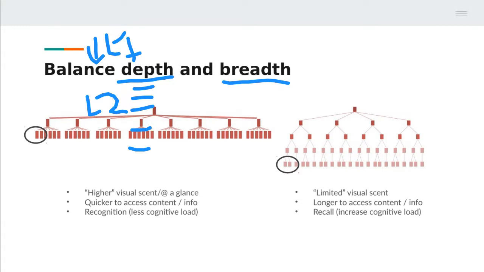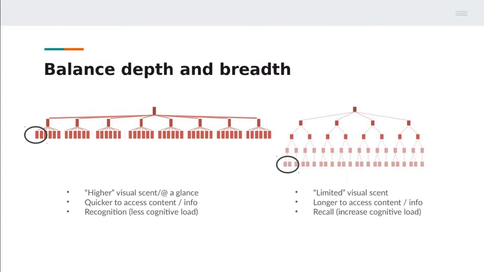When you think of breadth, there are a lot more L1 and not a lot of L2. This is a good example where we see a lot more items at the top level.